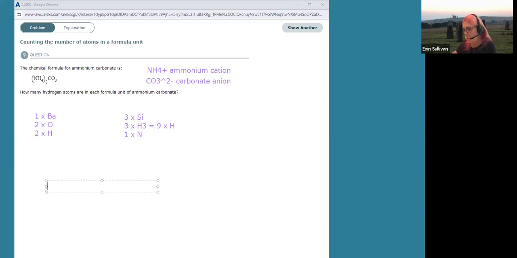We have 2 nitrogen atoms. We've got 2 times H4, so that's 8 total hydrogens, and then we've got 1 carbon and 3 oxygens. We were asked how many hydrogen atoms: there are 8 total hydrogen atoms in ammonium carbonate formula units. So just watch out for those parentheses.